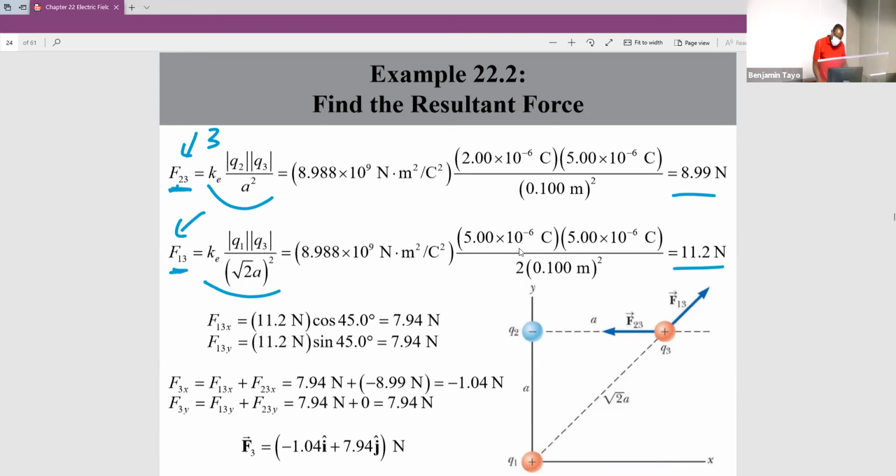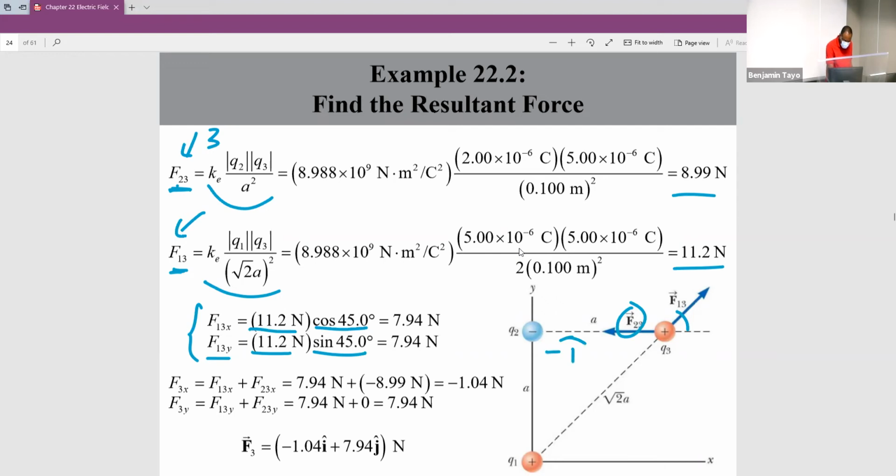Now, I can take this vector here and break it up because this is 45 degrees. So F13x is equal to this: its magnitude times the cosine. F13y is magnitude times the sine. Then notice that F23 is only pointing in the negative I hat direction.